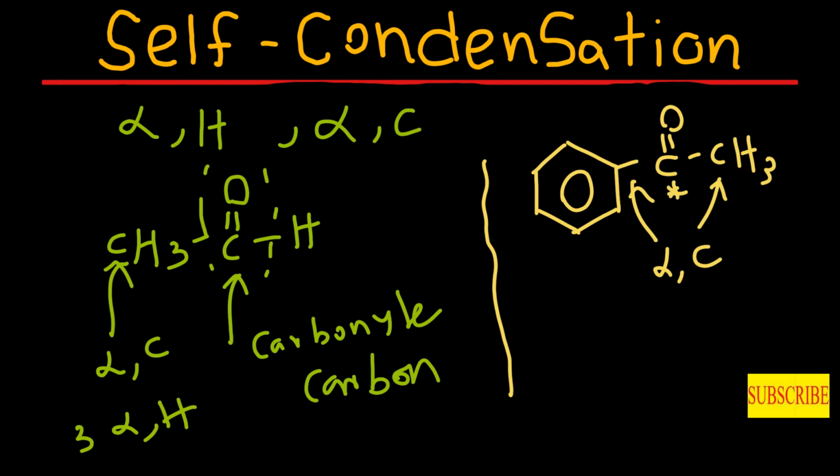Then we need to consider alpha hydrogen. We can see in this carbon, this one does not have alpha hydrogen, but this carbon comprises 3 alpha hydrogens.